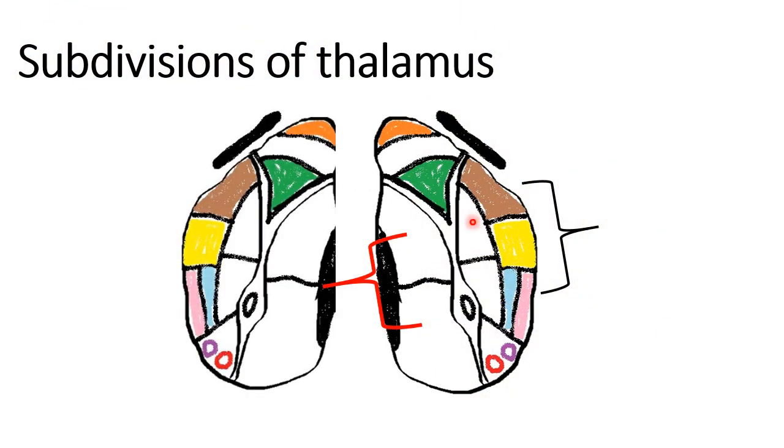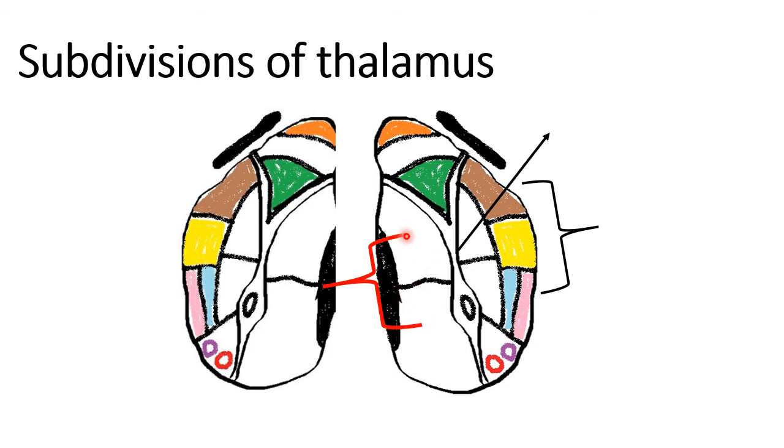Coming to the subdivisions of the thalamus, if you take a transverse section of the thalamus, we can identify a Y-shaped band called the internal medullary laminae. Between the divergence of the internal medullary laminae we can identify the anterior group. Lateral to the laminae is the lateral group, and medial to it is the medial group.